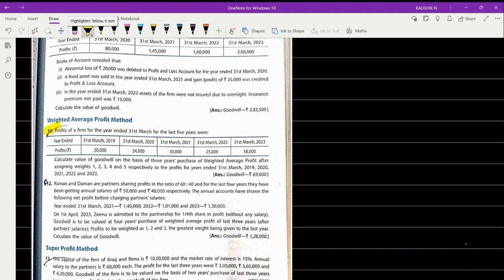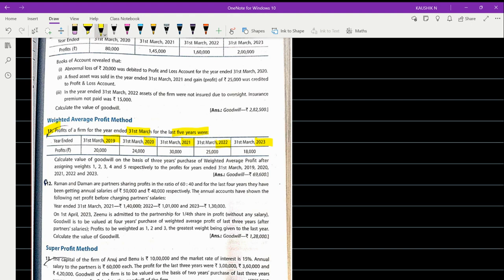Look here at what they said. Profit of the firm for the year ended 31st of March for the last 5 years. You have been given profits for the last 5 years, which are the years 2019, 20, 21, 22, 23. Now you see how the question has been given to you.